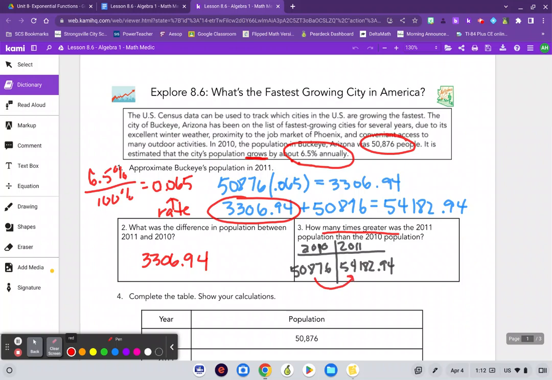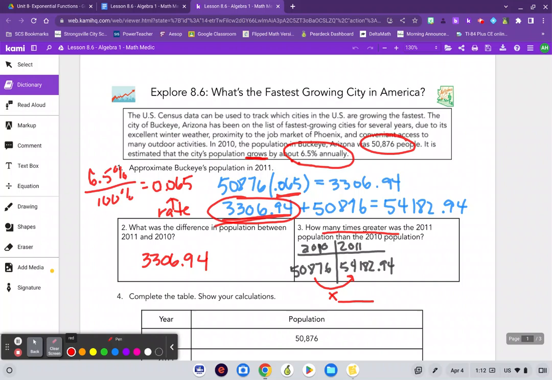Like, what number do I multiply the 50,876 by to get 54,182.94? And the answer is not 0.065, because if I multiply that 50,876 by the 0.065, I get this number.